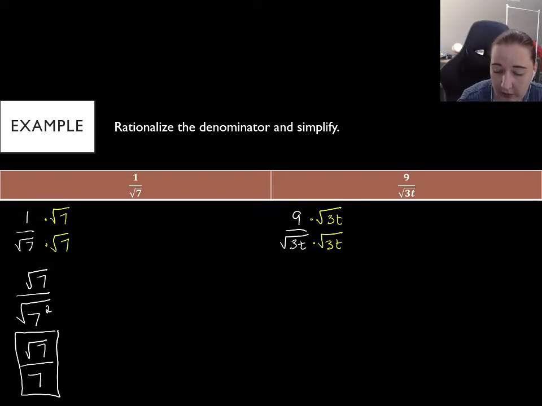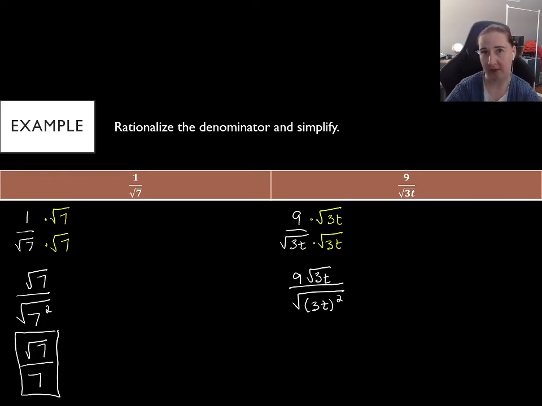And so we end up with 9 times the square root of 3t, because we can't do anything there. And then in the denominator, we have 3t squared, or if you multiplied it, you would have 9t squared. That square root and the square cancel, and so we get 9 times the square root of 3t over 3t.